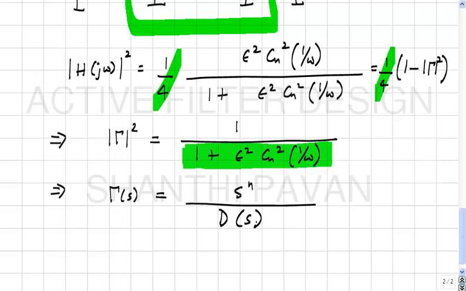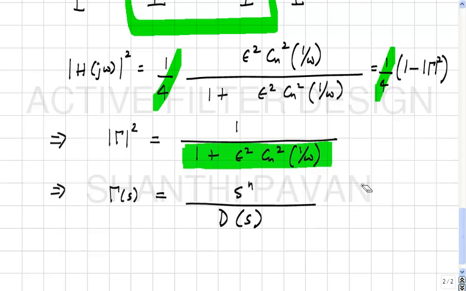Correct? D of S is the usual inverse Chebyshev denominator, where d of, what should d of infinity be? Wait a minute, that's not what I wanted to ask you. I'm sorry.